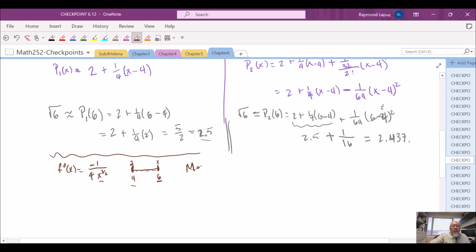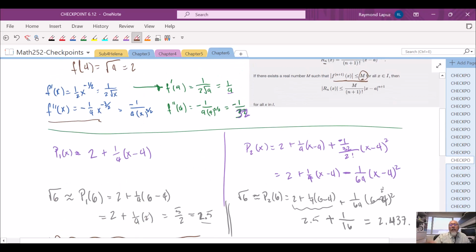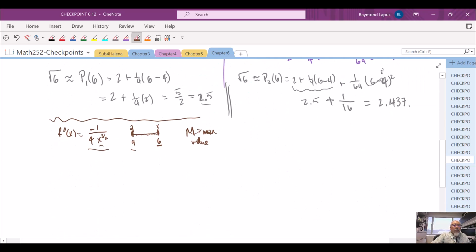Capital M is going to be the max value within this thing. Actually, we're also interested in taking the absolute value of that. So if we take the absolute value, it's going to be 1 over 4, and then x to the 3/2 power.